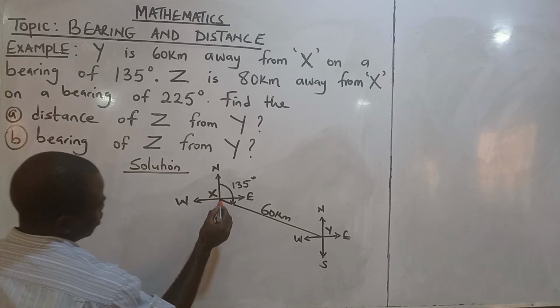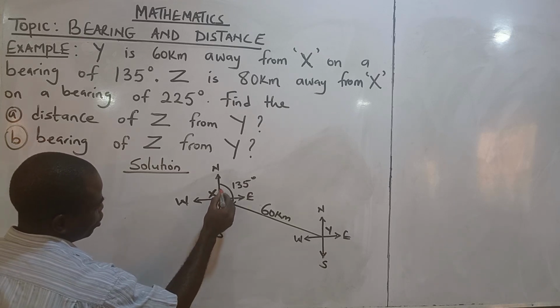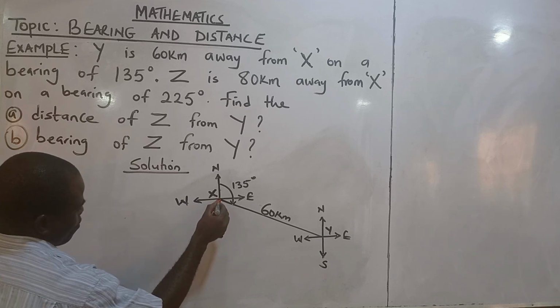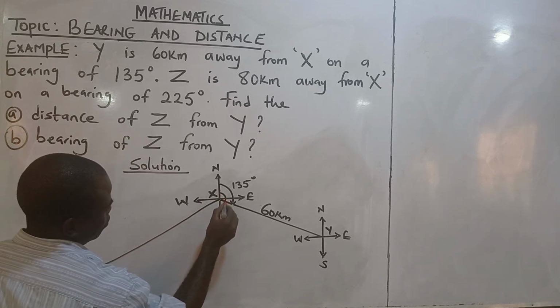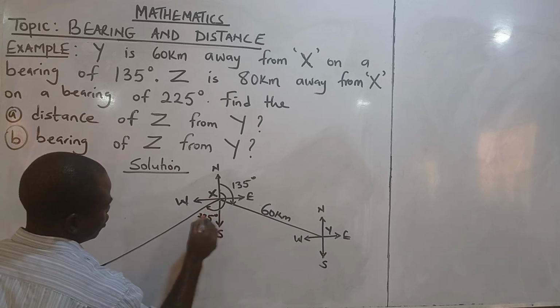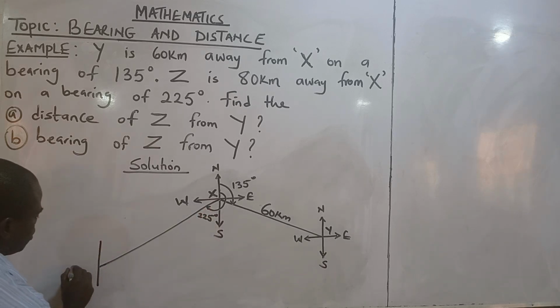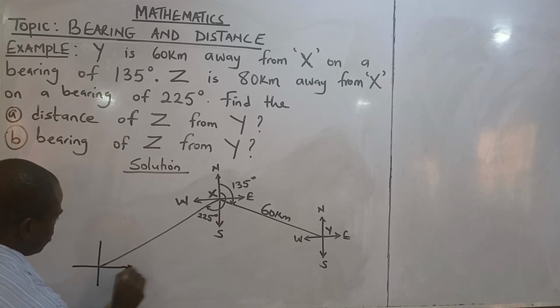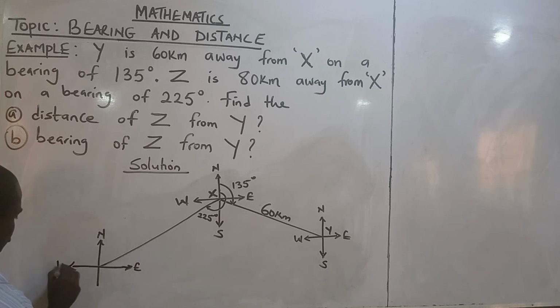225. That means that this 180 from here to here is 180. 225 will be at this point, longer. 225 degrees. Okay, draw your cardinal points: east, north, west, south.